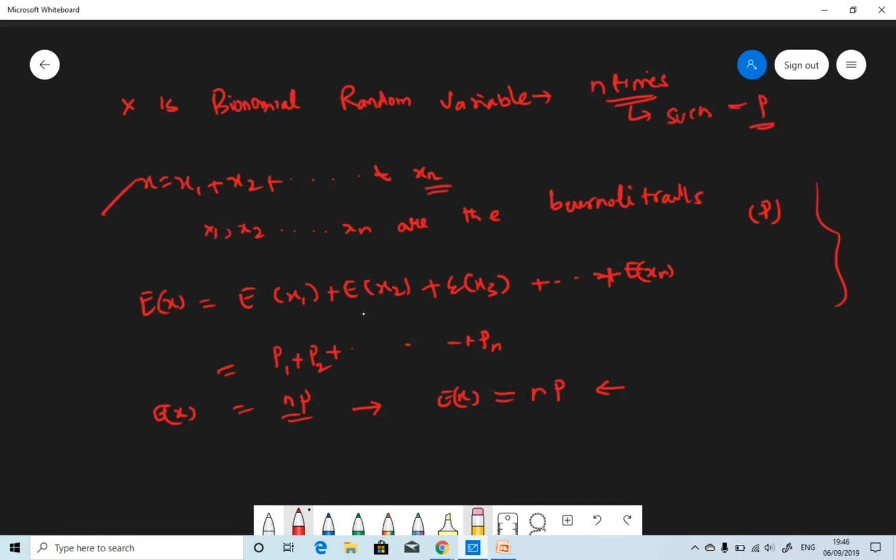I am doing n trials, so x is my random variable, x equal to x1 plus x2 plus x3 and so on up to xn, where x1, x2 are the Bernoulli trials. Every time I should get p as my success, so the expected value will be p plus p plus p and so on, which is np. So what is the variance of x?